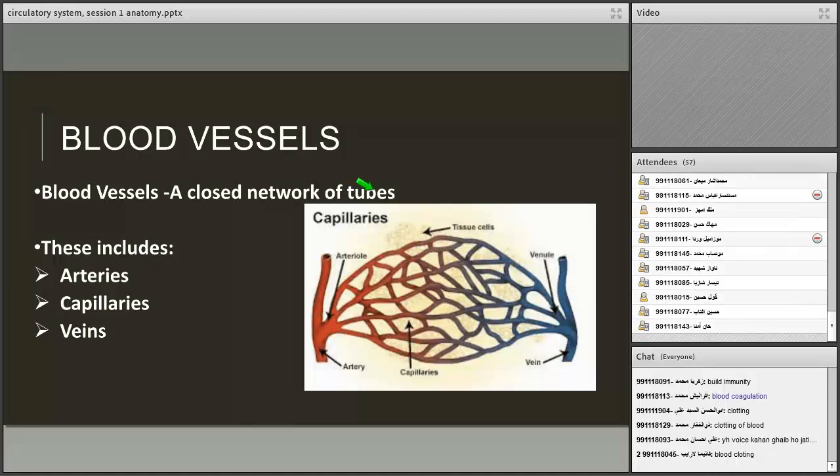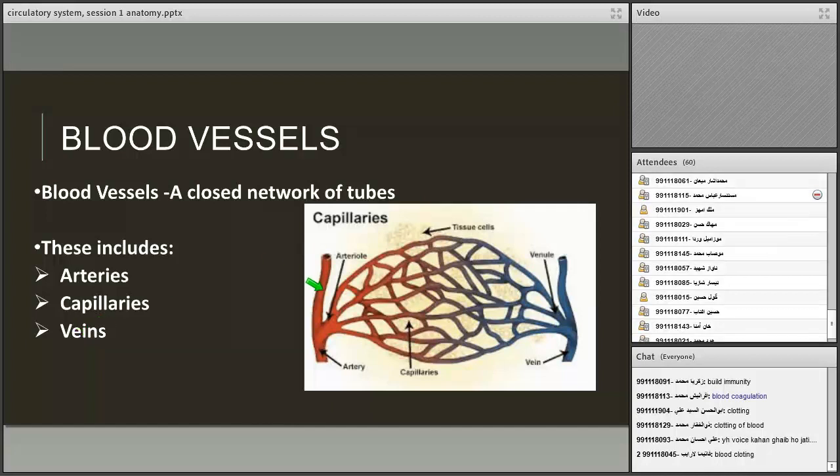The most important parts of the blood vessels are arteries, capillaries, and veins. So we have three important kinds of vessels, which are arteries, capillaries, and veins. They have some differences that we will talk about in the following parts, okay?